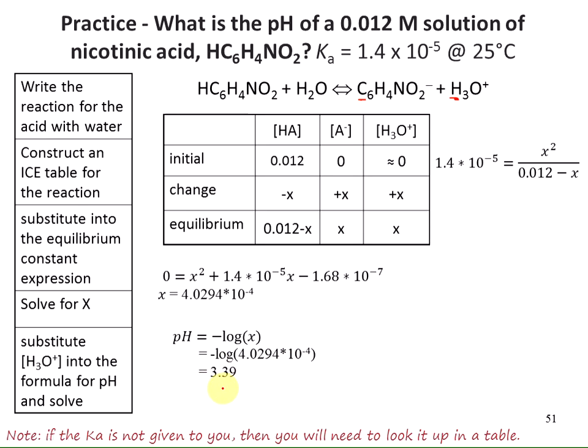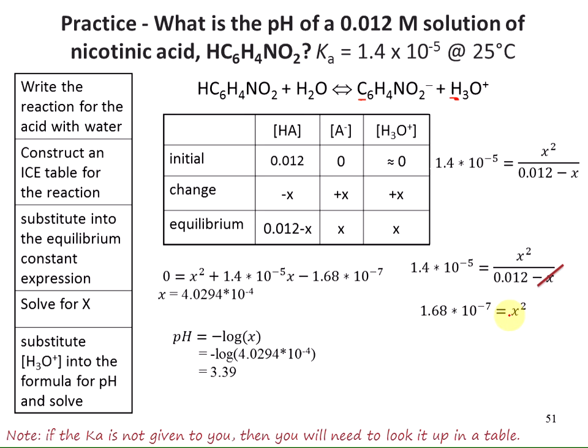Now if I didn't want to use the quadratic formula to solve this equation, I could also do an approximation. Remember we said if X is very small compared to the initial concentration, we can do an approximation. Taking a little bit out of this 0.012 doesn't change the value that much, so we're going to approximate. We get a value of 1.68 times 10 to the minus 7th when we multiply both sides by 0.012, and that equals X squared.